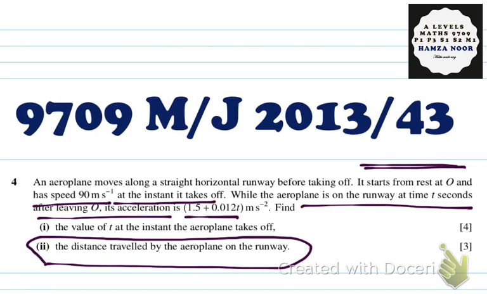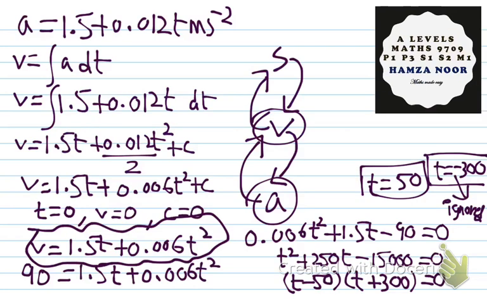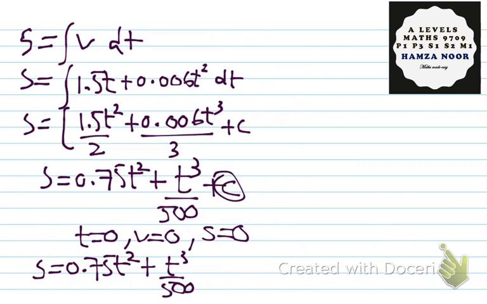For how many seconds was the aeroplane on the runway? In part 1 we calculated that for 50 seconds the aeroplane was on the runway before it took off. So all you need to do is put t equal to 50 in the equation of displacement.